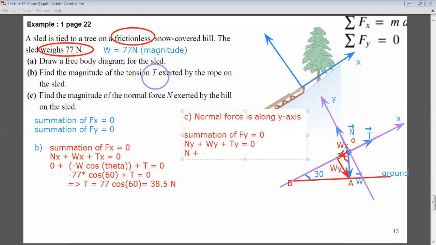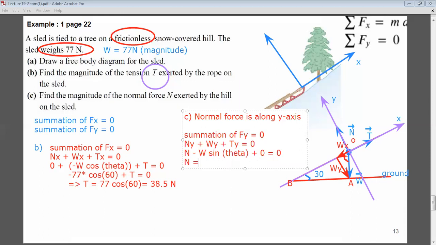If wx is W cosine 60, so wy will be what? Notice this angle is opposite to wy, so it should be W sine theta, but pay attention that it's in the negative direction of the y-axis. So it's minus. T is along the x-axis, so Ty is 0. So this is 0 is equal to 0. Now I just plug in the numbers.